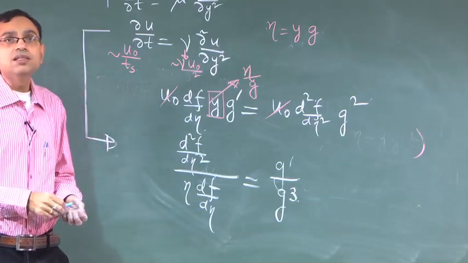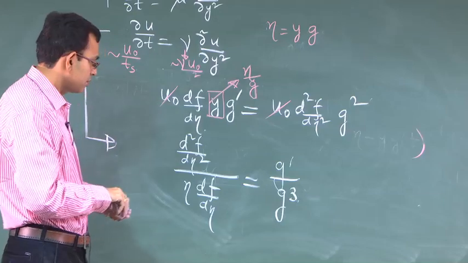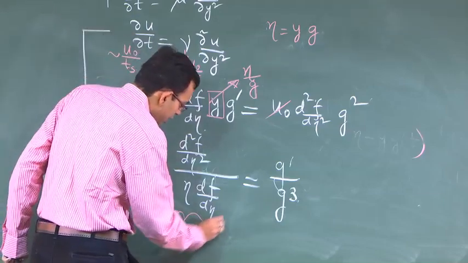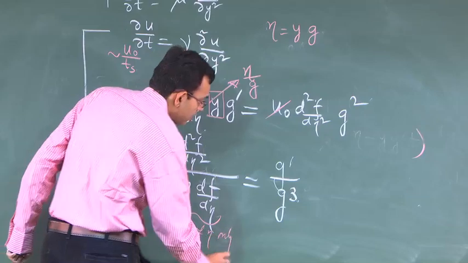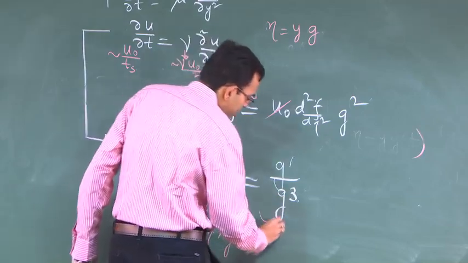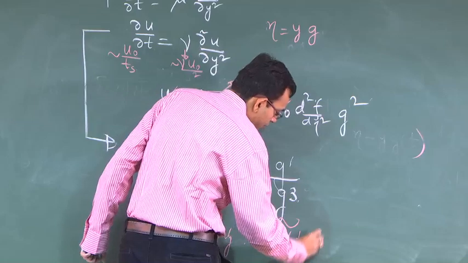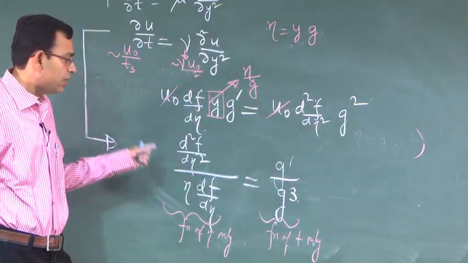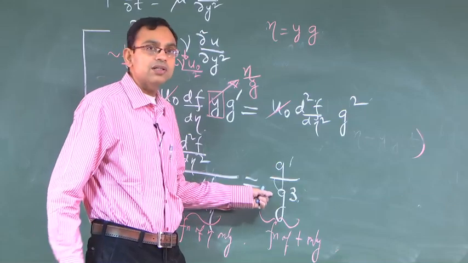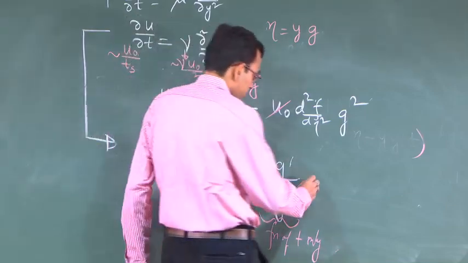This equation is very interesting because this is a function of eta only, this is a function of t only, right. So, a function of eta only is equal to a function of t only when each is a constant.